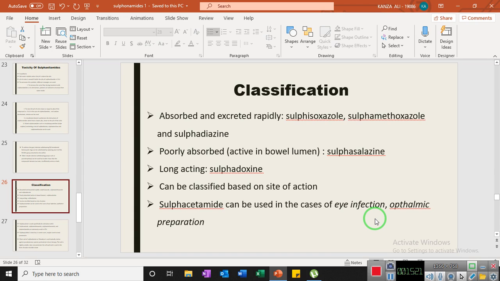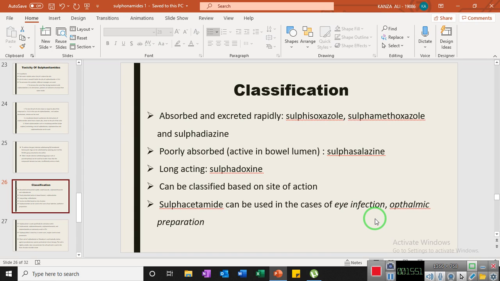It will reach to the bowel or to the large intestine. In the large intestine, by the action of microflora, sulfasalazine is metabolized and the active ingredient will be released.